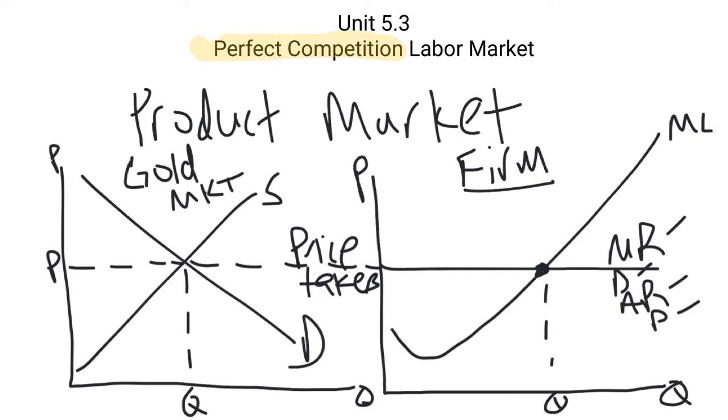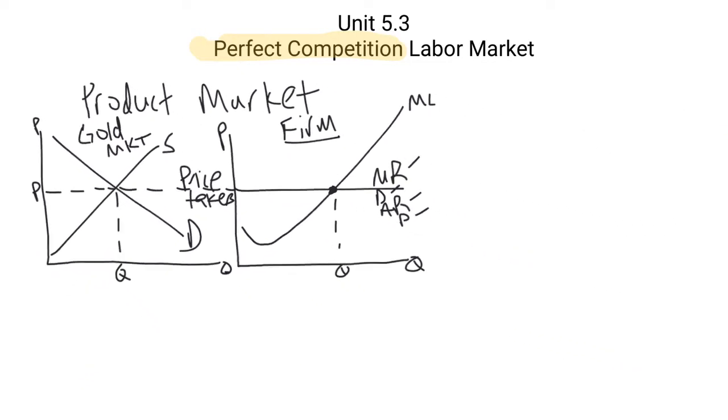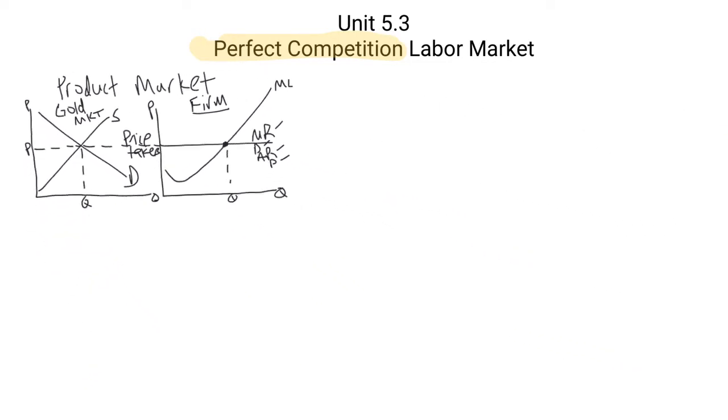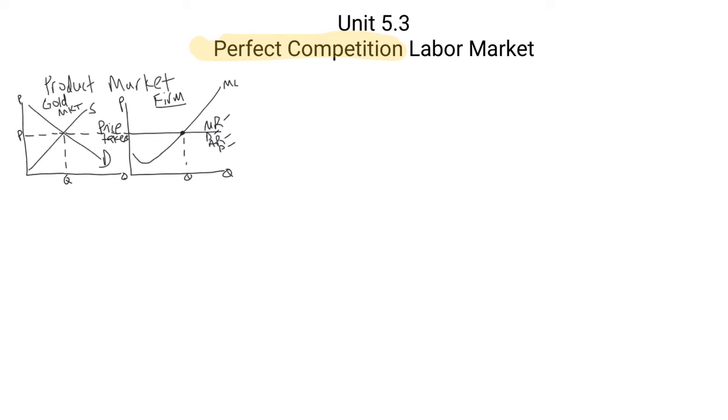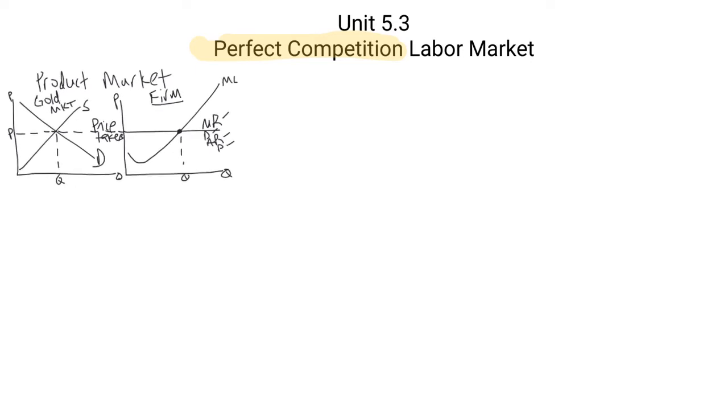So now what we're going to look at is the factor market, or the labor market, in a perfectly competitive market. In other words, it's the perfectly competitive market for hiring workers. Just like we said in the product market, all the goods are exactly the same and you get the same price for each one of those. We're going to transfer a lot of those concepts over to the labor market.